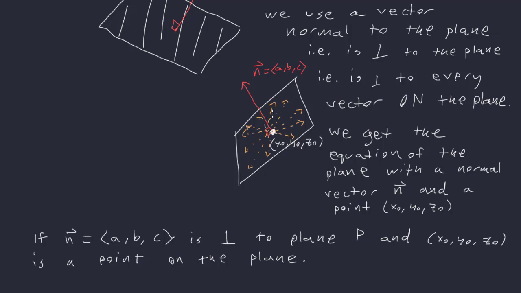Now I'm going to choose any vector that sits on the plane. Let V be the vector that sits on the plane.